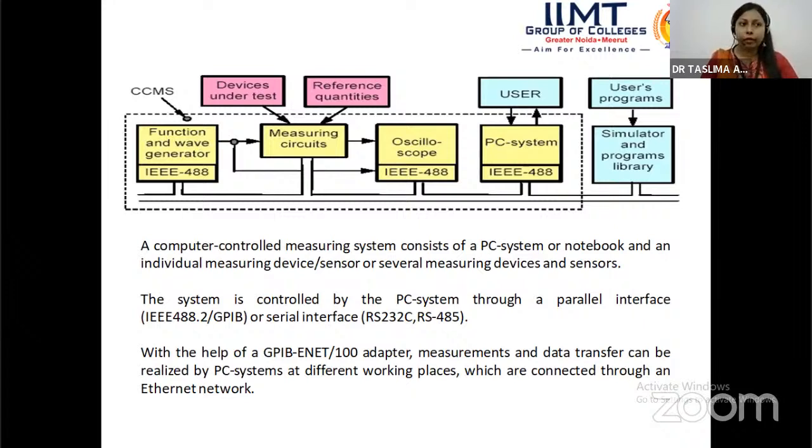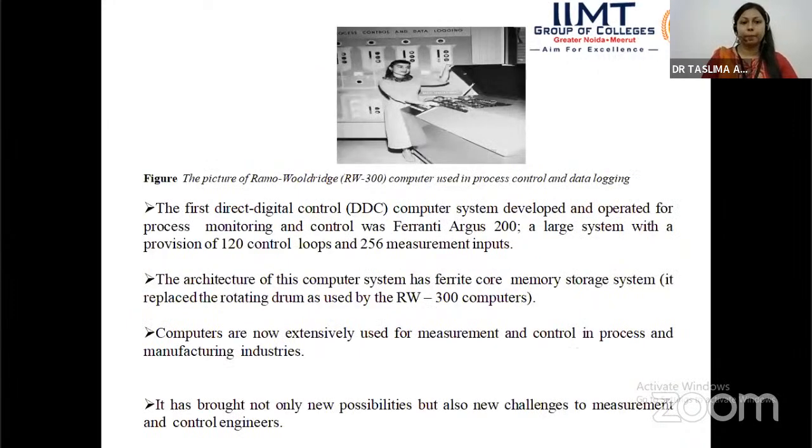We can make an IIR filter, FIR filter. We can design filters for resolving the noise problem in that particular signal, and after that we can transfer that particular signal.